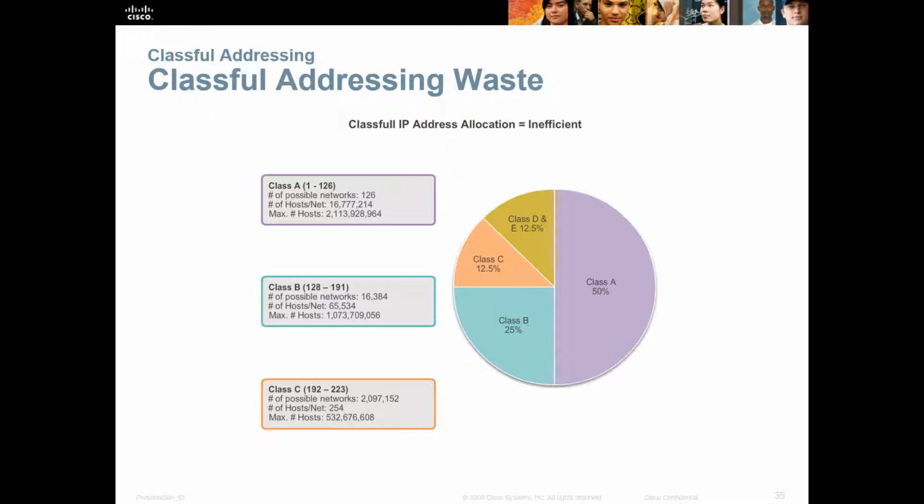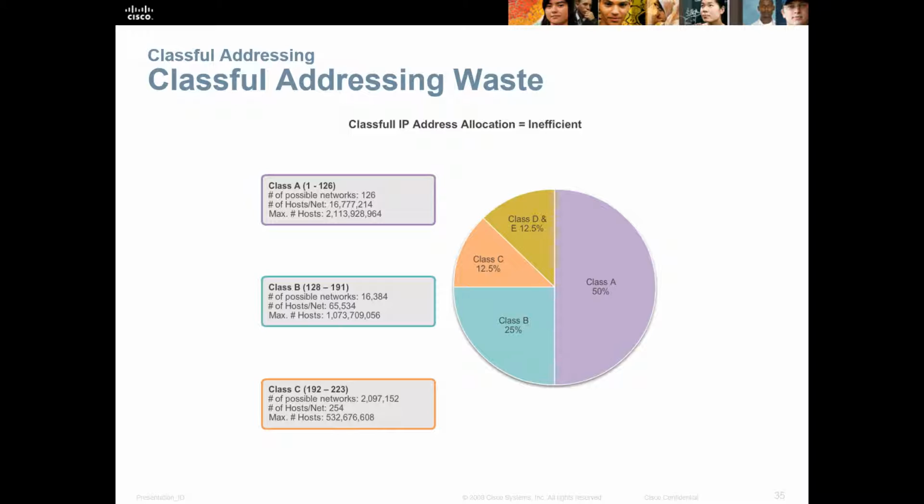So class A would give you roughly 126 different combinations, so 126 different networks. Each of those networks allowing for 16 million hosts.